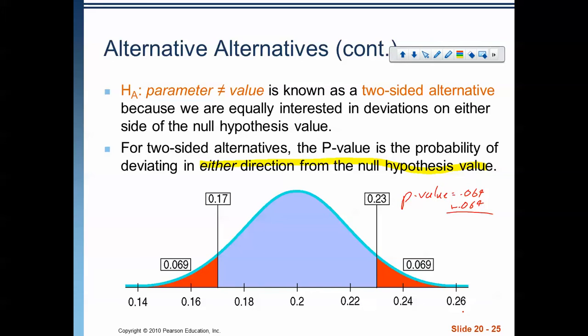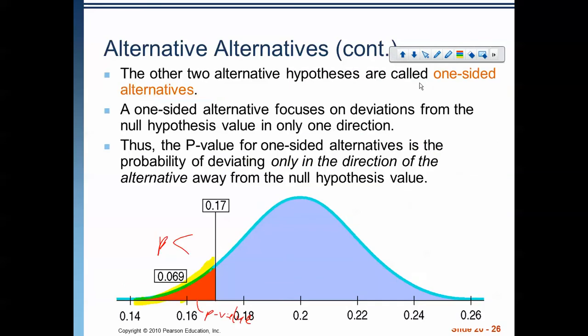And so when we do a two-sided test, because we're looking at both sides, that does typically mean we're always going to have a p-value that's a little bit higher than an equivalent one-tailed test. So we have to keep that in mind when we are finding our p-values. And again, a one-sided test just shows this one side.